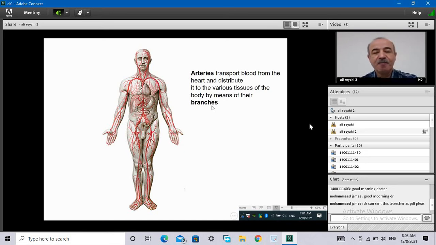That means the artery may contain oxygenated or deoxygenated blood.